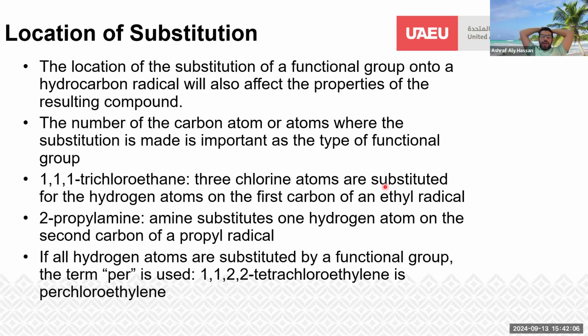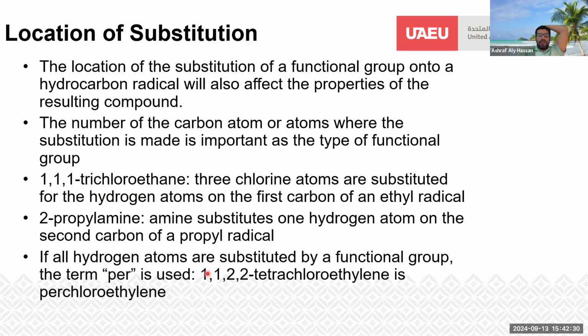The number of the carbon atoms where the substitution is made is as important as the type of the functional group. For example, 1,1,1-trichloroethane has 3 chlorine atoms that are substituted for the hydrogen atoms on the first carbon of an ethyl radical. That's why it starts with 1,1,1.